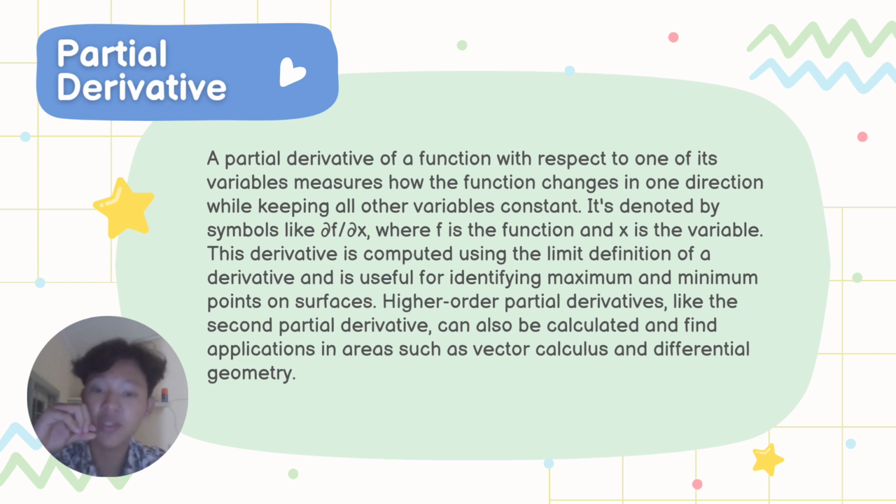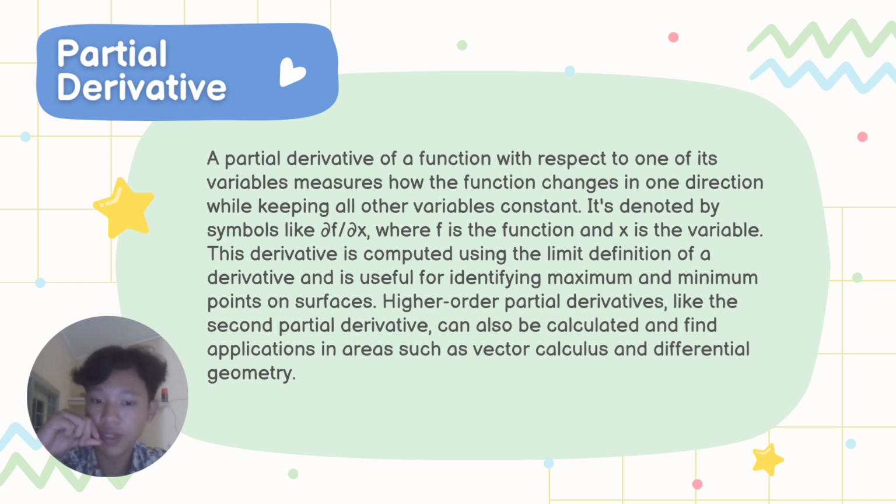So what is a partial derivative? The partial derivative of a function with respect to one of its variables measures how the function changes in one direction, while keeping all the other variables constant. It is denoted by the symbol ∂f/∂x, where f is the function and x is the variable.